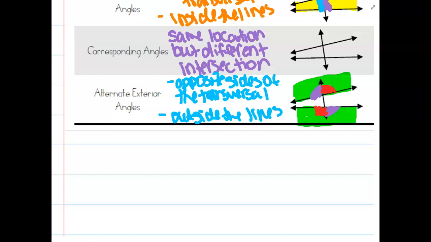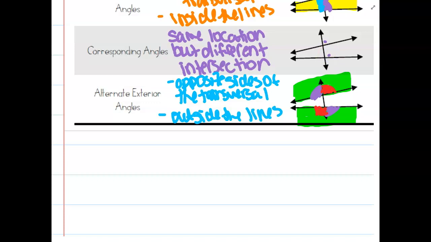So for example, there are 4 sets of corresponding angles here. You're looking at the transversal. I could talk about the angle on the top right-hand side of the transversal at that intersection. That would be corresponding to the angle at the top right corner of that intersection.